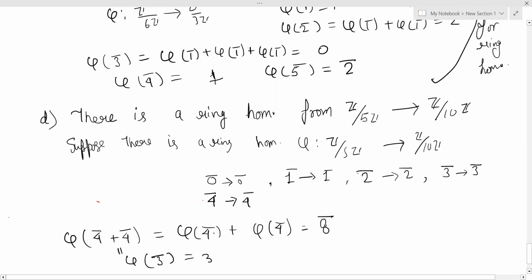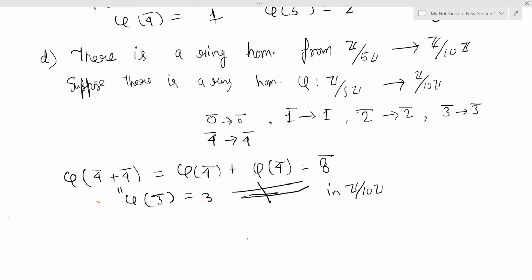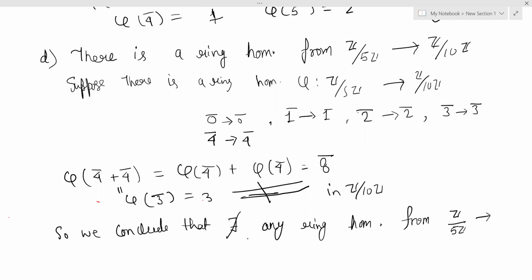But 3 bar does not equal 8 bar in Z mod 10Z. So we conclude that there does not exist any ring homomorphism from Z mod 5Z to Z mod 10Z.